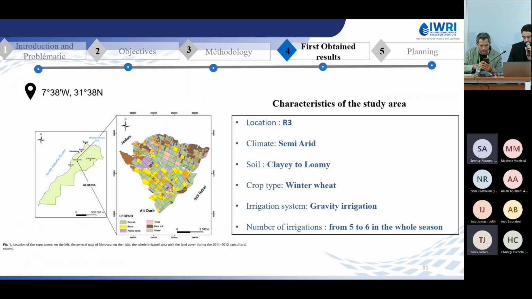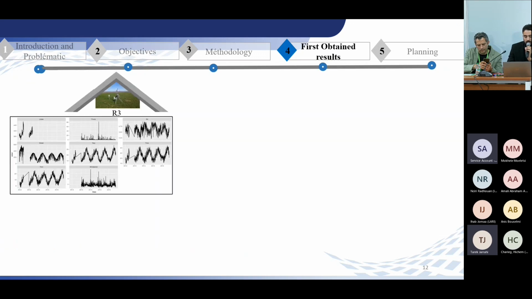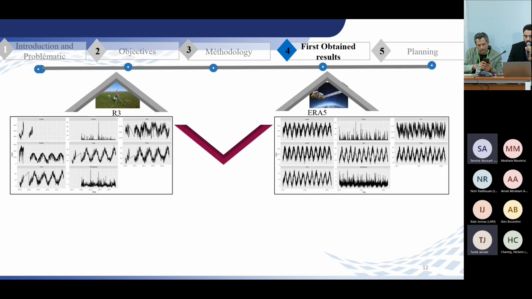So our first start was on the F3 location in a winter wheat plot with a soil clay to loamy with a flood irrigation system. And here are our first inputs.